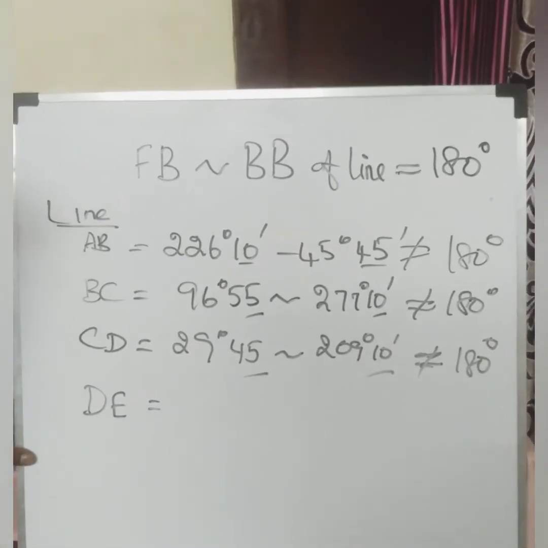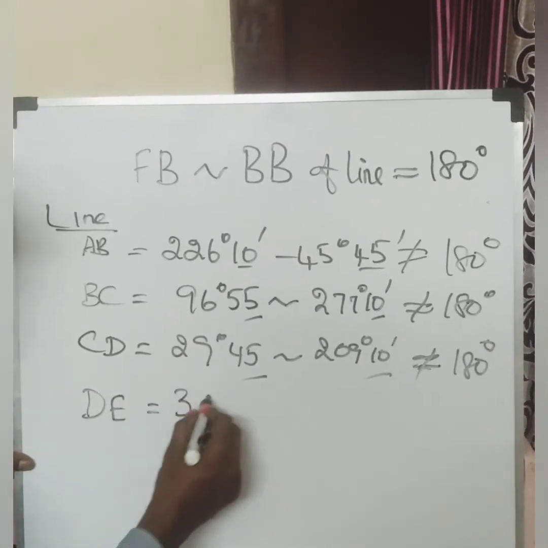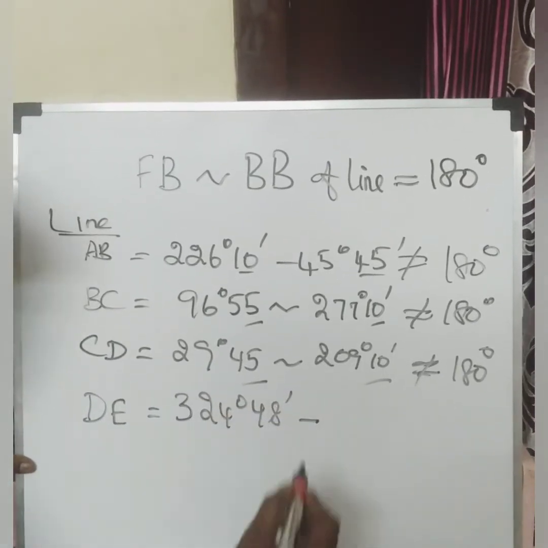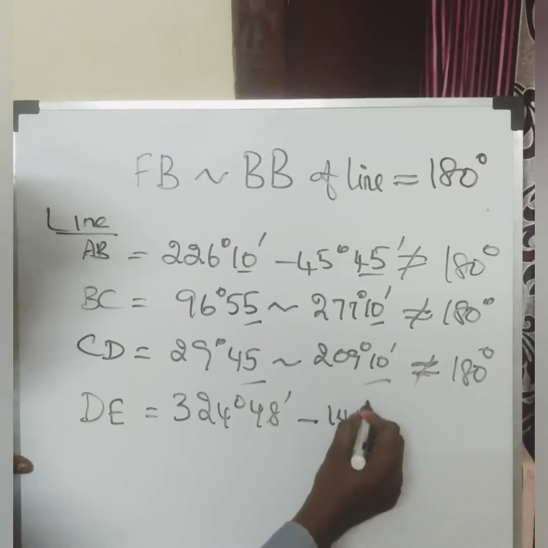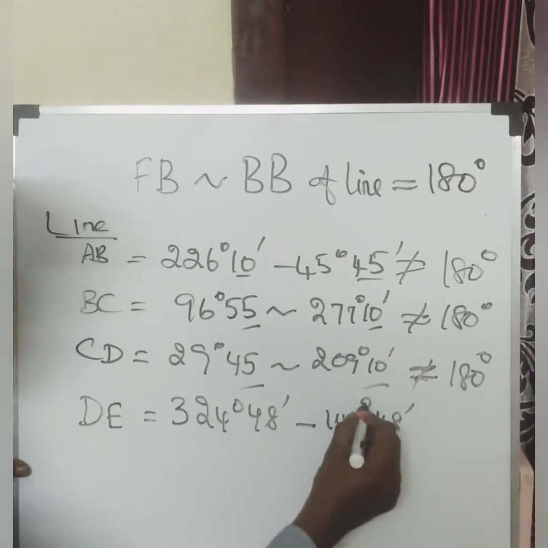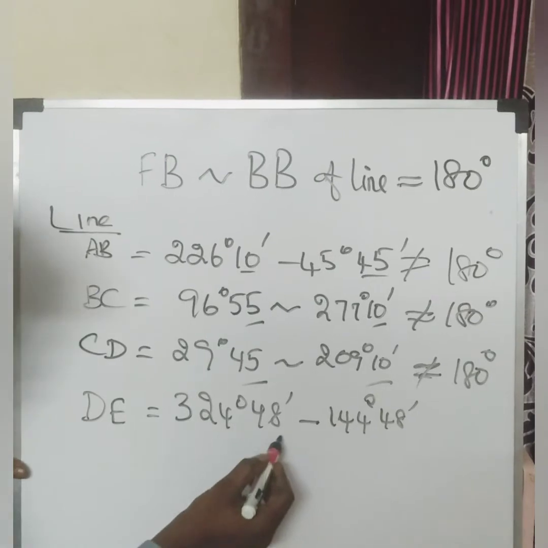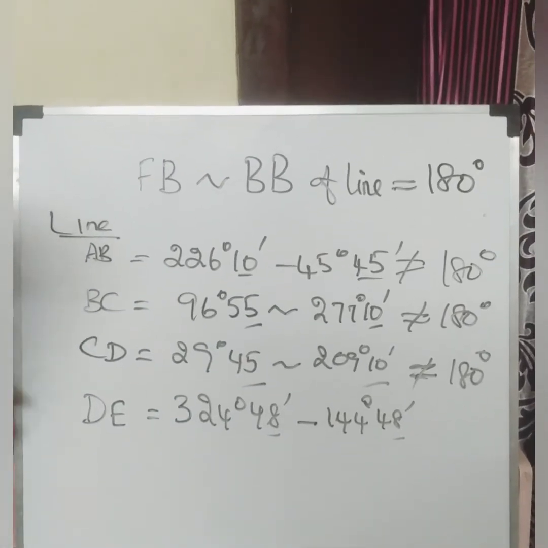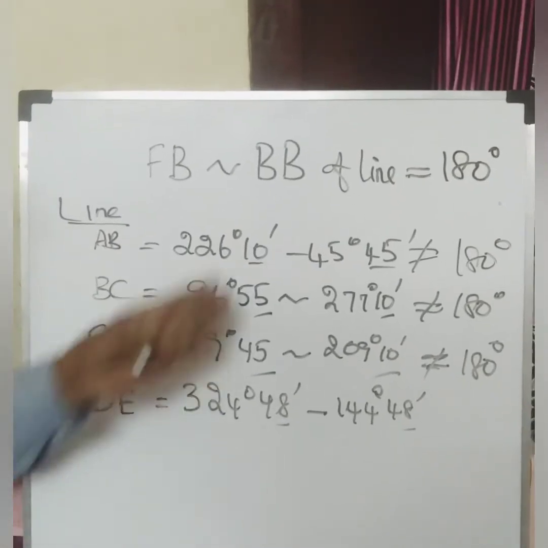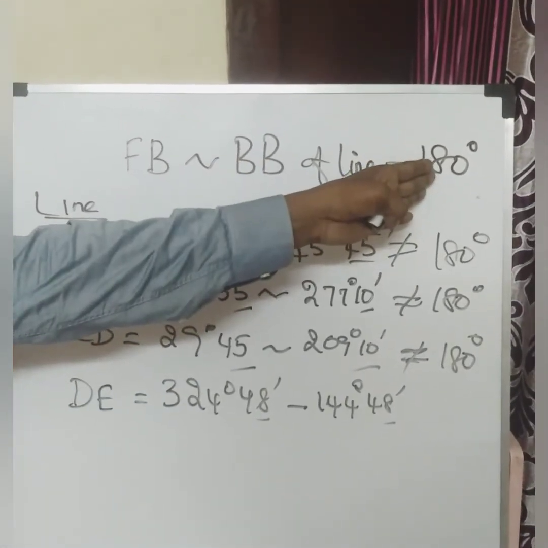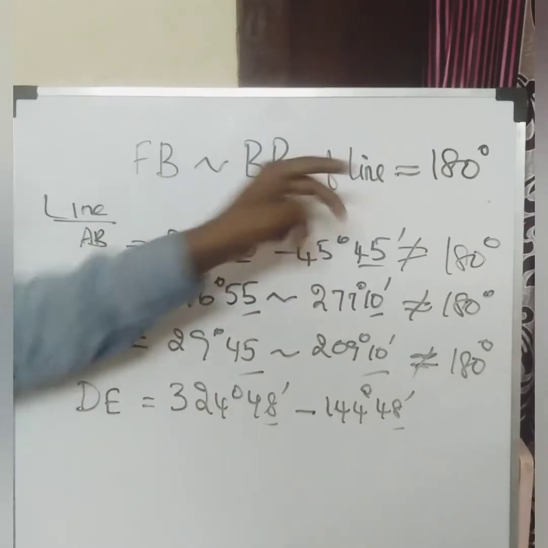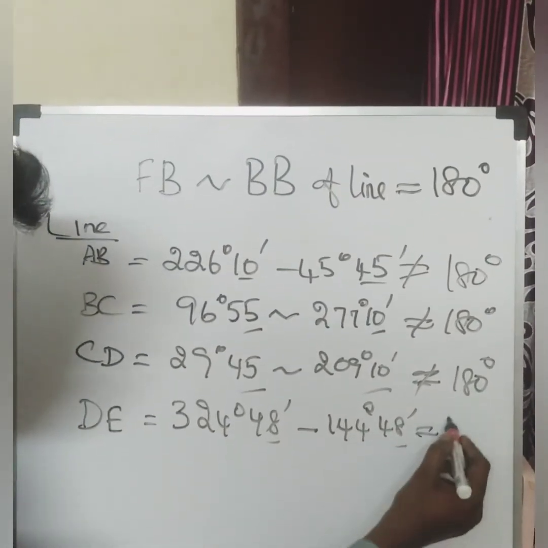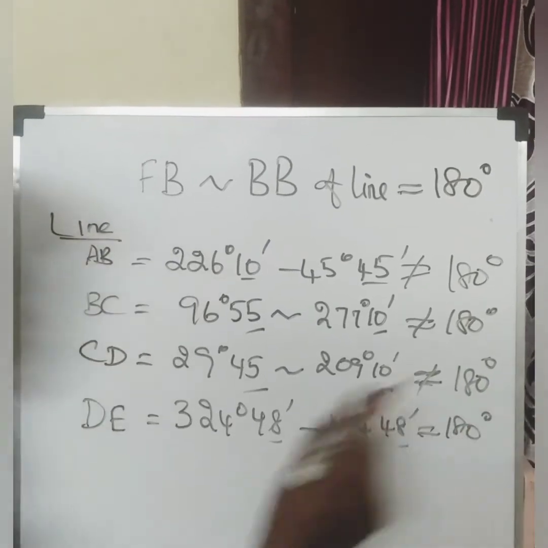Okay. For line DE, the observed forebearing is 324 degree 48 minutes and the back bearing is 144 degree 48 minutes. Here you can see the minutes are the same, so it is possible to satisfy the condition that the difference between forebearing and back bearing is 180 degree.